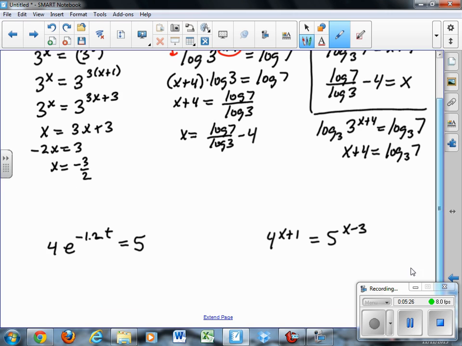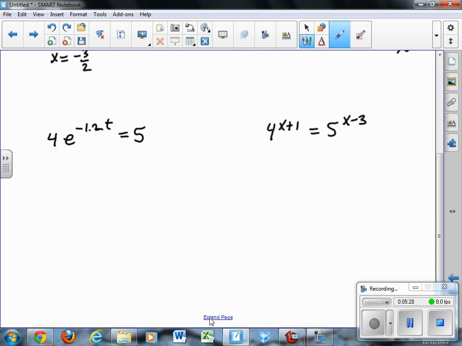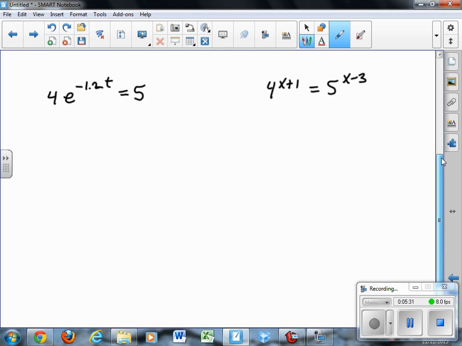Okay, let's look at one now that has a base e. When you have a base e, you want to use the natural log. But this problem also illustrates something else. Before I use logs at all, I need to get the base with its exponent isolated. In other words, I need to divide by 4 first. So I have e to the negative 1.2t is equal to 5/4.